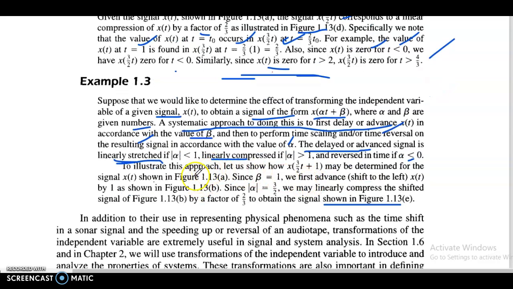in 1.13a, to illustrate the approach, let us show x of 3 by 2 t plus 1 may be determined for the signal x of t shown in figure a.